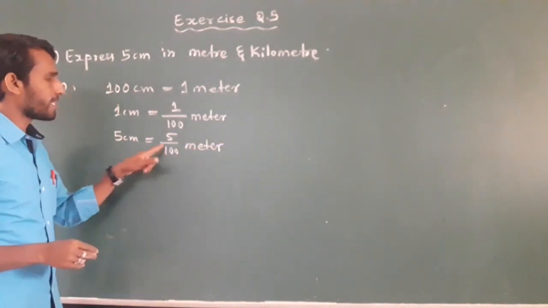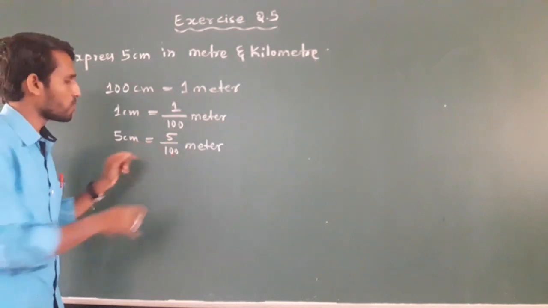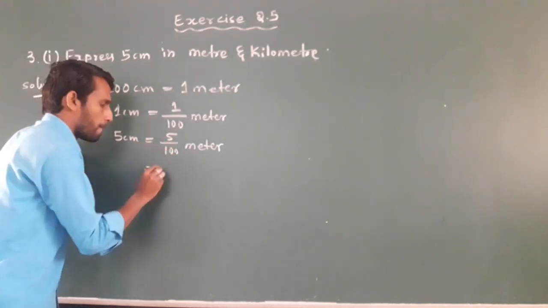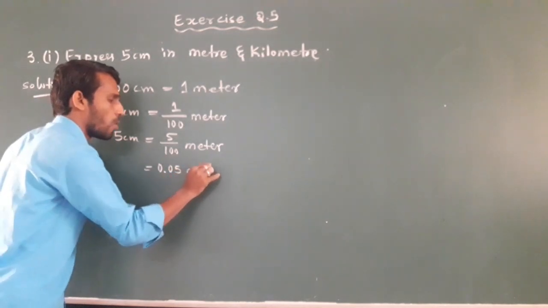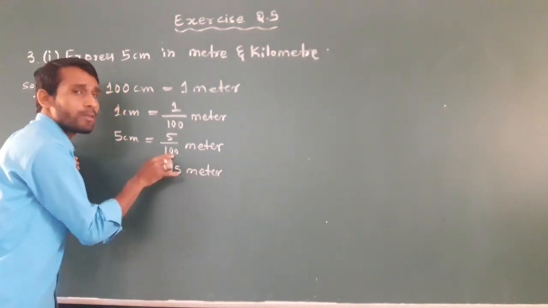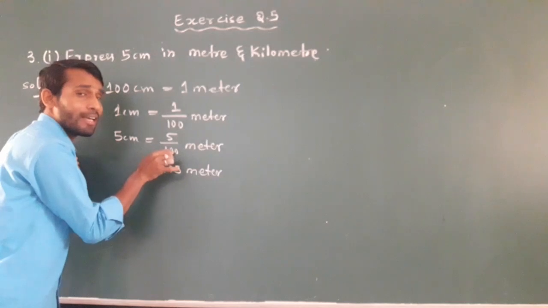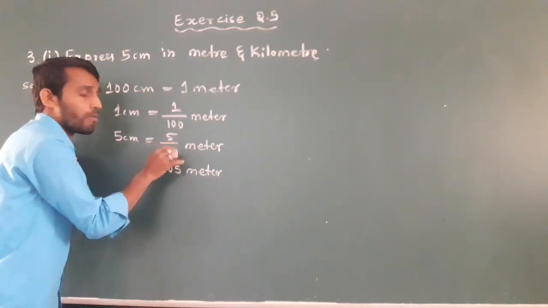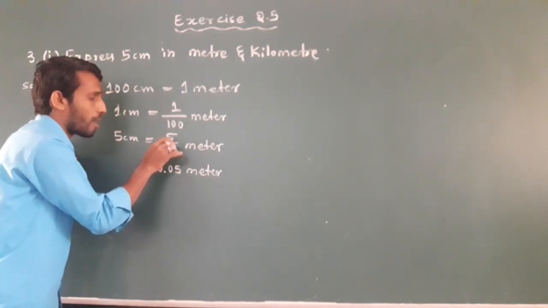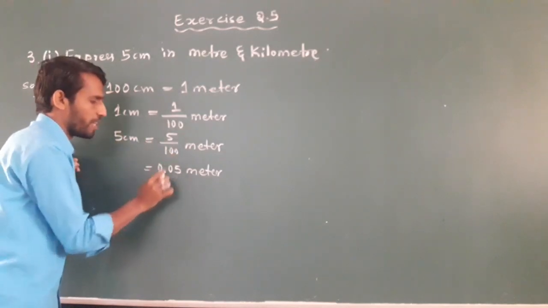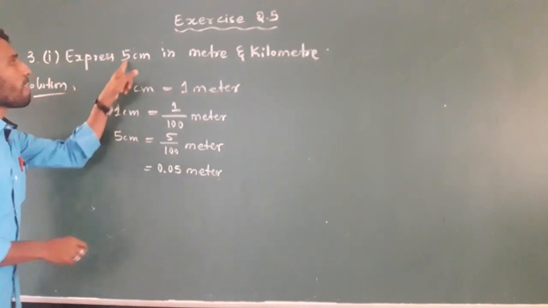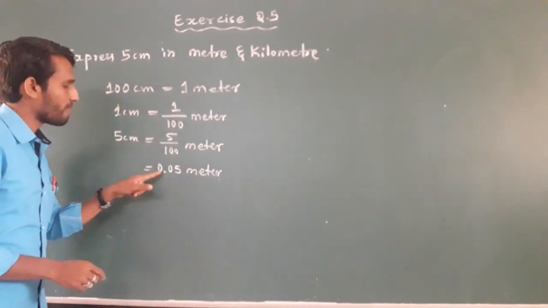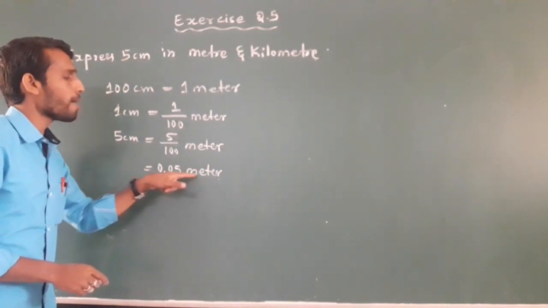Writing this, we get 0.05 meter because we have 2 zeros. We have to shift the decimal point after 2 numbers. So 5 centimeter converts to 0.05 meter.